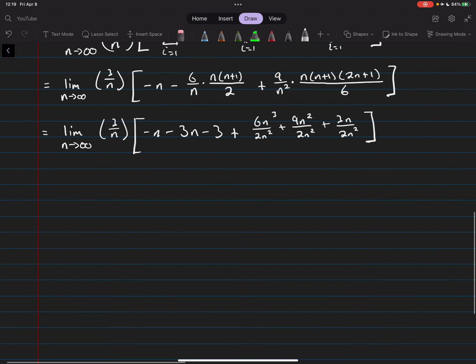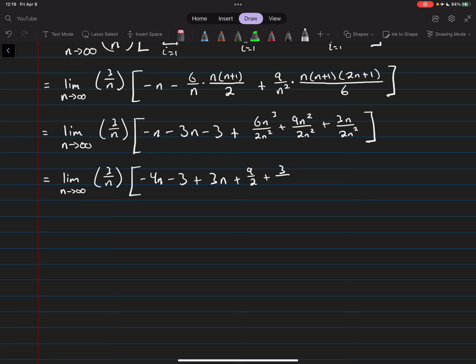So then next we are going to do some simplification. And we have the limit as n goes to infinity of 3 over n times, this comes out to be negative 4n minus 3 plus 3n plus 9 over 2 plus 3 over 2n.